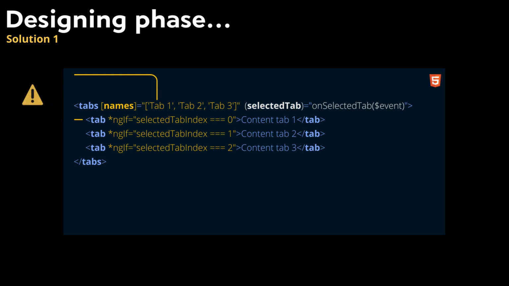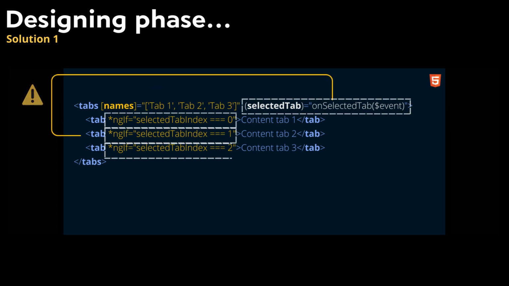The last problem with this solution is that the selection system is not autonomous. I have to set the currently selected index whenever the selected tab event is fired, and based on that, conditionally display the right tab. Code is hard to maintain and not elegant at all.